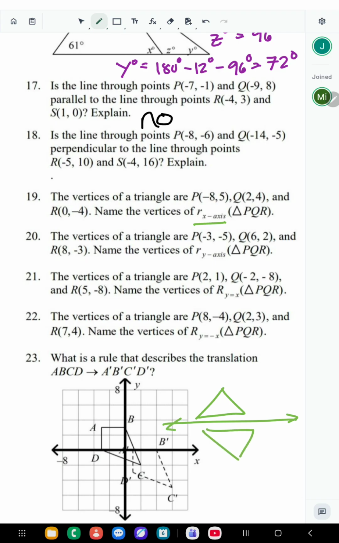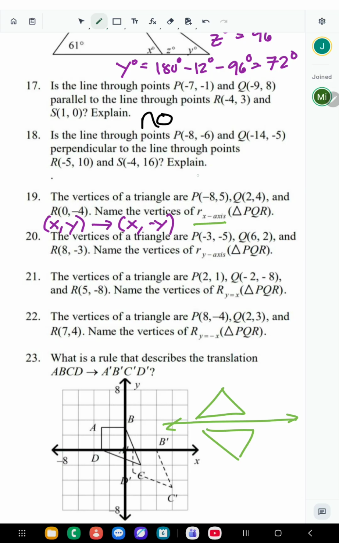So what will happen here? The x values will just be the same, but the y values will be changed. If we reflect it across the x-axis, this would become x, negative y.